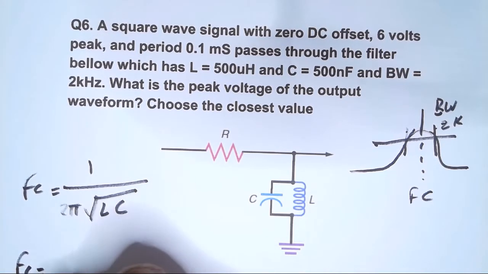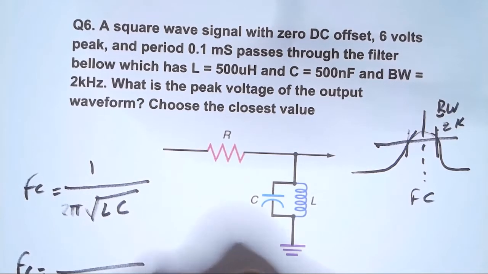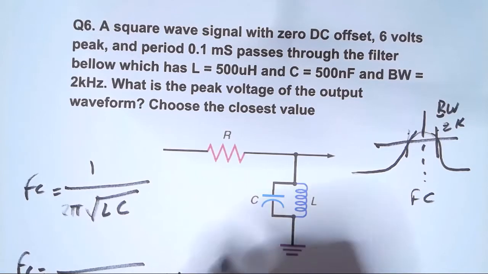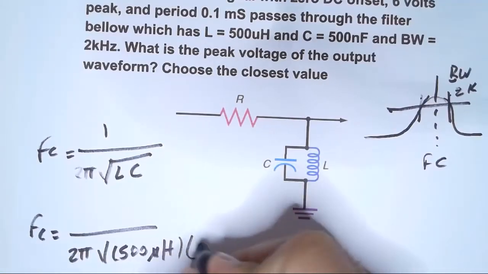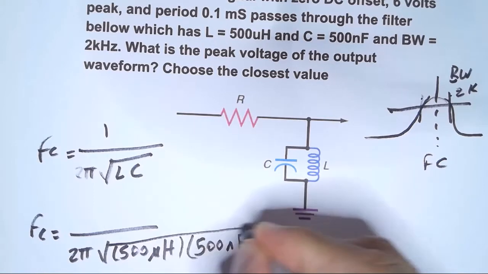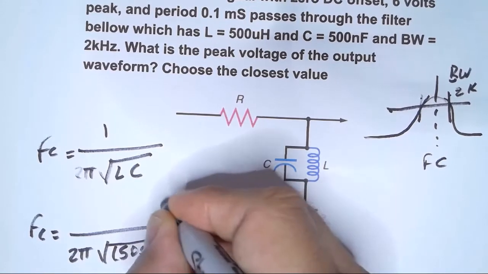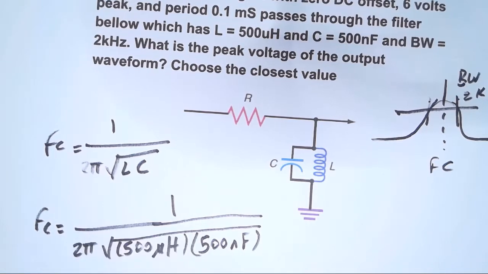We have 1 over 2 pi, the square root of the inductor, which is 500 microhenries, times the capacitor, which is 500 nanofarads.